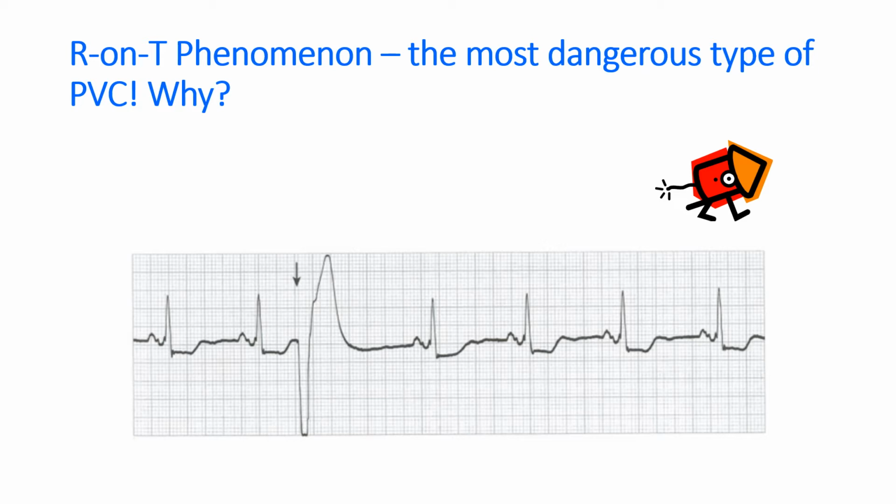So when you see a PVC, note where it comes in the T wave. Those are much more dangerous and have a higher incidence of patients developing VTach or V-fib. And again, it's coming right in the middle of that T wave where it starts.